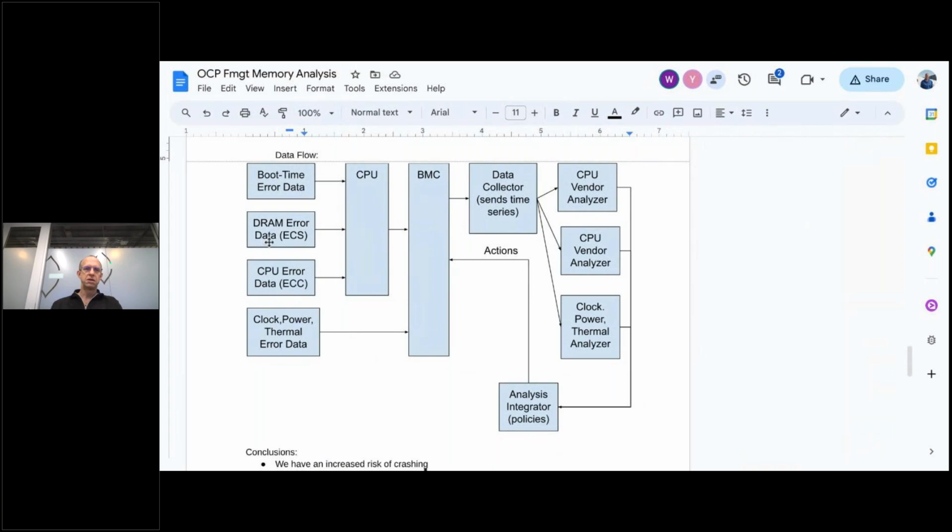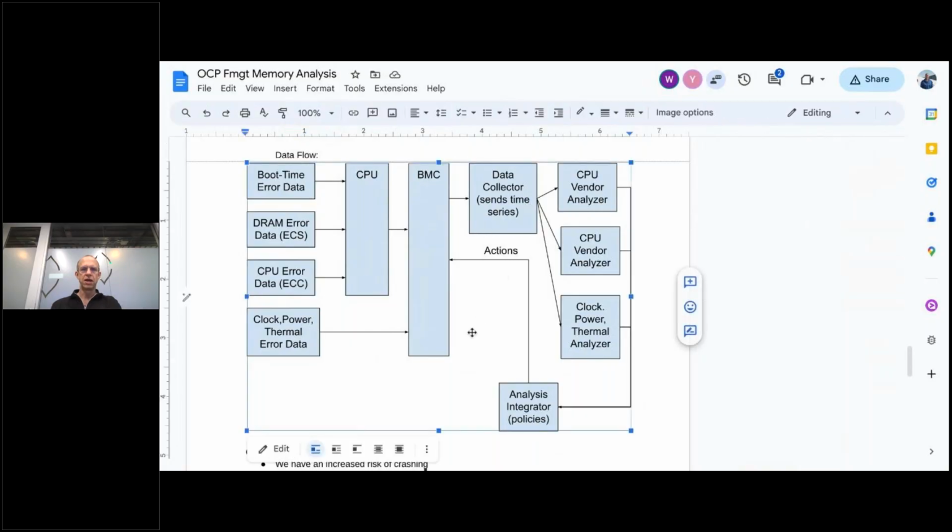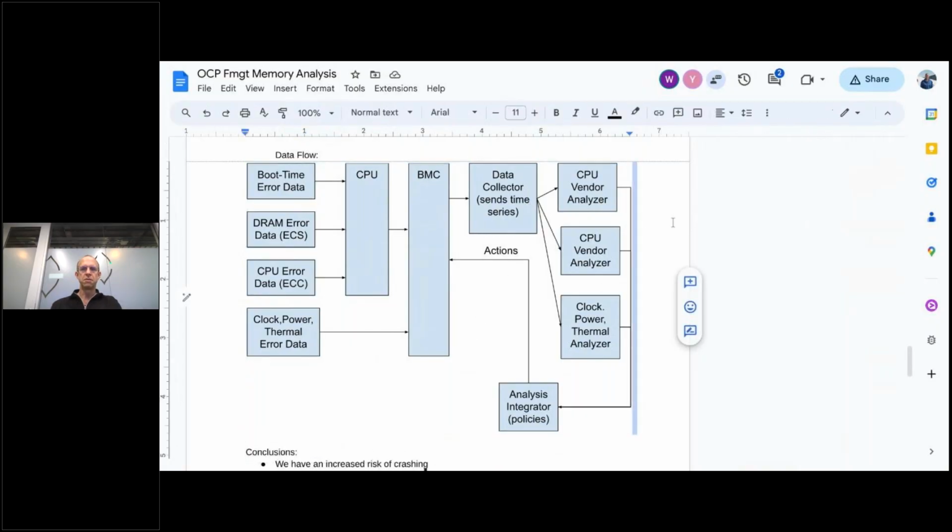ECS data is gathered by the memory controller. ECC data is calculated by the CPU, and that would go from the CPU, in the proposal we've been working on Fridays, through the BMC to a collector that collects it in the cloud somewhere and has time series data. We can be flexible about how this works, but I'm imagining there's something that collects data, and then we're figuring out the analyzers.